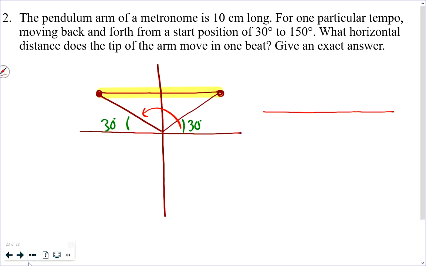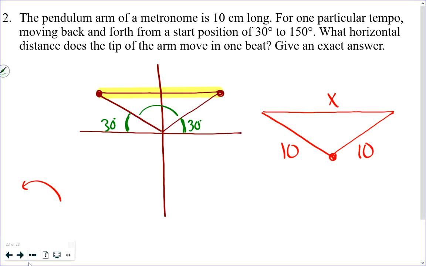Here's the triangle, and you're trying to find that, right? So how can we do that? Well, if this is 30 degrees and this is 30 degrees, this can be figured out because we know that all three of those angles have to add to give 180. That's got to be 120 degrees. But we like to work with right triangles, so this is the best thing to do.